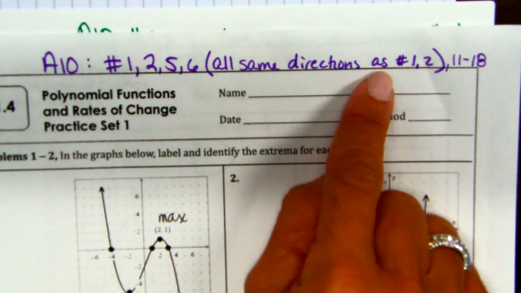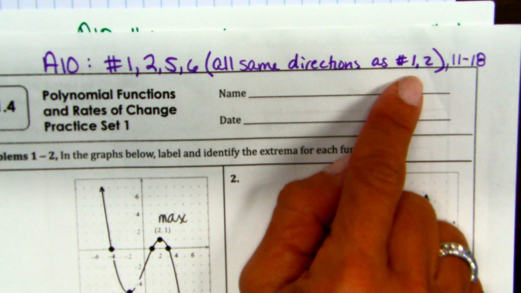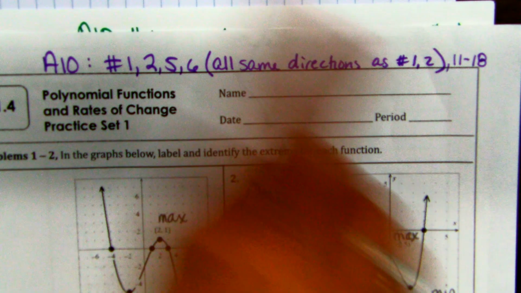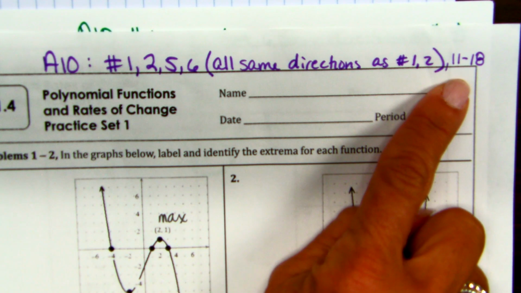All same directions as 1 and 2. Just like we just did. And then 11 through 18. So that should be written down. 11 through 18.